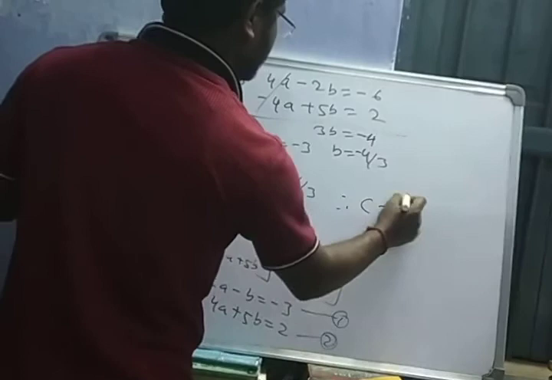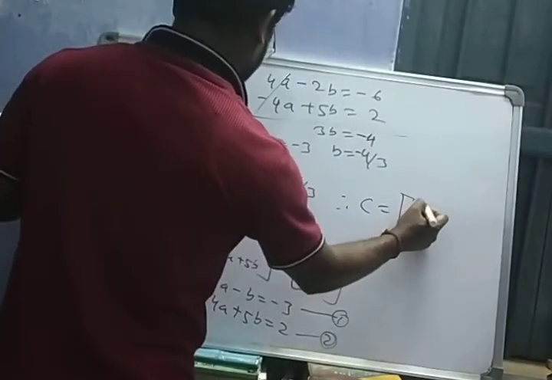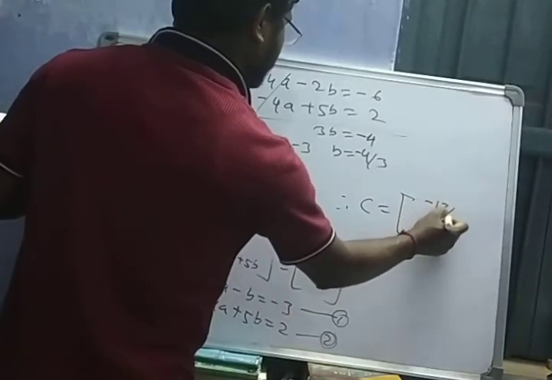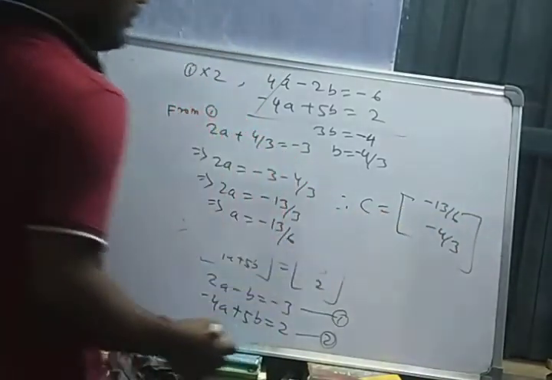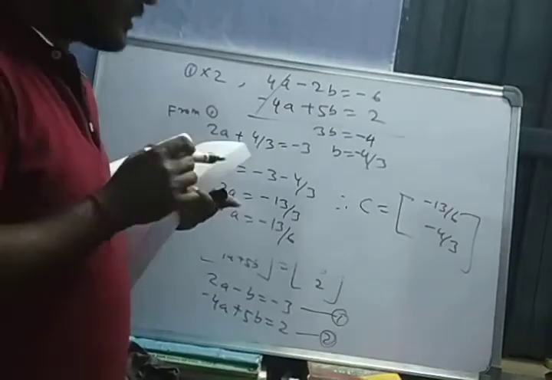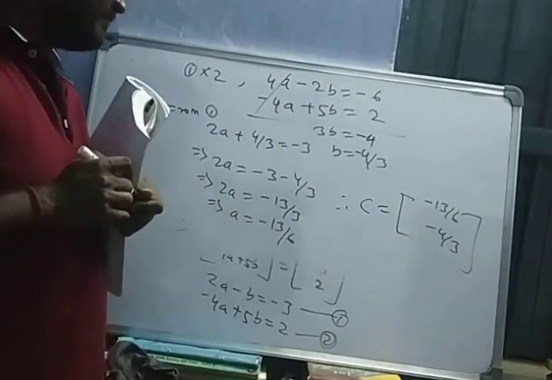Therefore you have to write C in matrix form. If you do not write it in matrix form, then you will not get the last accuracy marks. Okay, remember it.